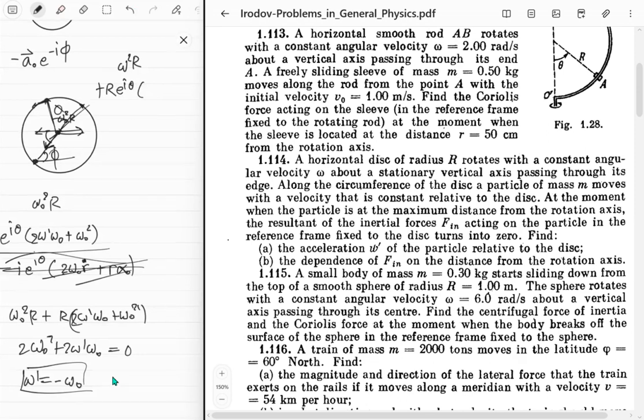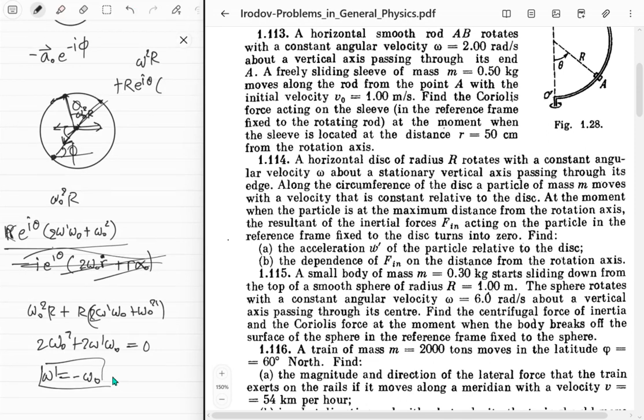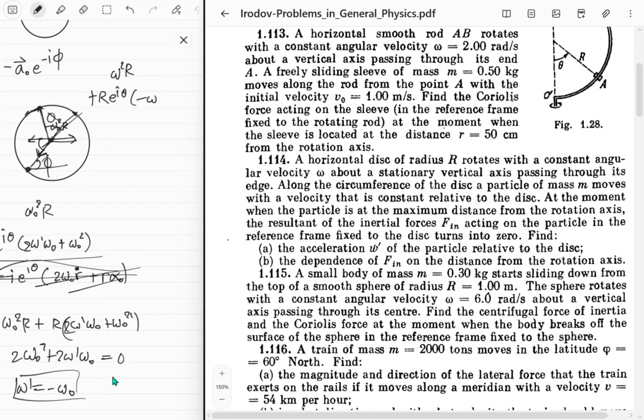And then you got 2ω'ω₀, which will be negative 2ω², and then this is just ω², so it's supposed to be negative ω². Cool. So it's just ω² r into (1 minus e^(iθ)). Yes, that's what this thing is.